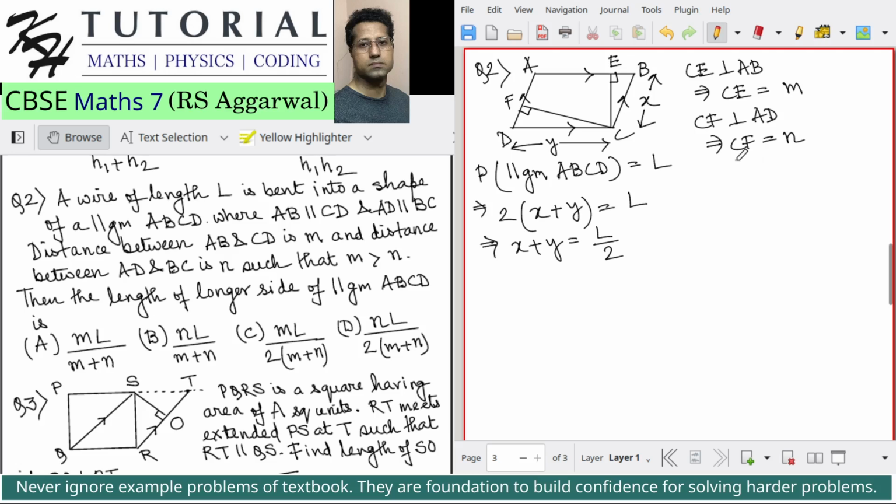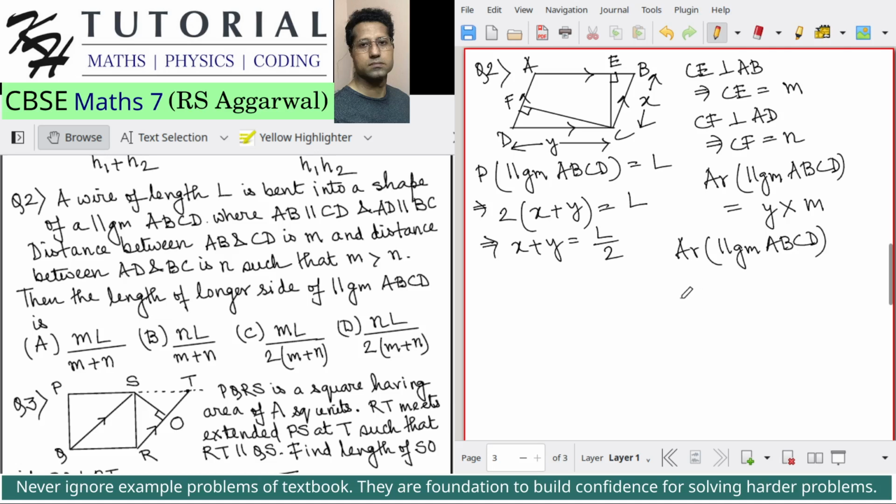So using that information, I can say that the area of parallelogram ABCD, considering the base as the sides AB and DC, the opposite parallel sides, will be Y multiplied by the distance between AB and DC, which is CE, which is M.